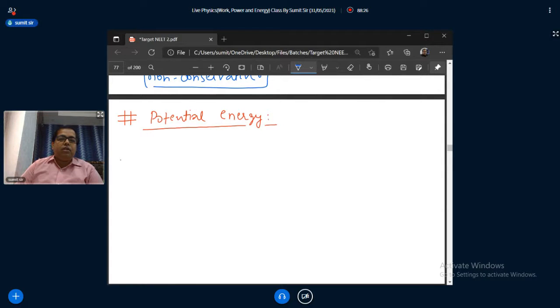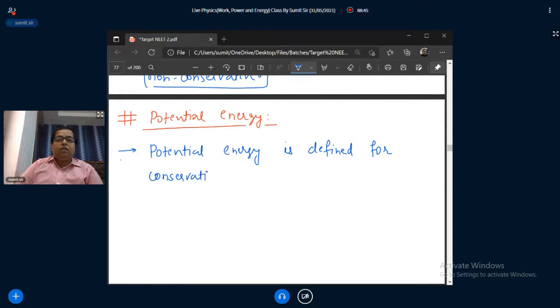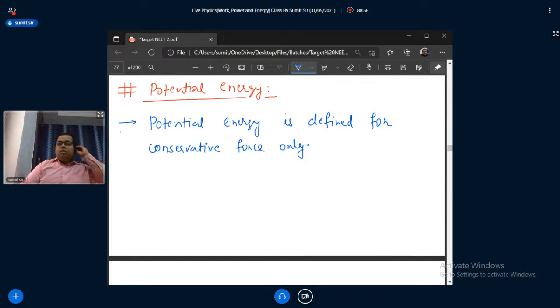First thing is that potential energy is defined for conservative force only. Okay, this is only defined for conservative force.